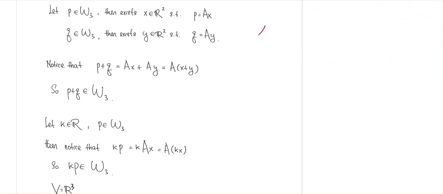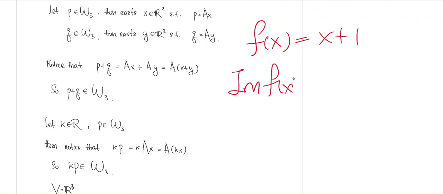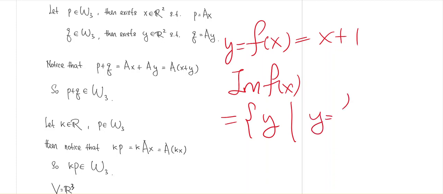For example, in high school you have f(x), say f(x) equals x plus 1. How do you define the image of that function? We typically call it y. The image of the function is all the y such that y equals some f(x), where x is in the domain of f. Remember that?